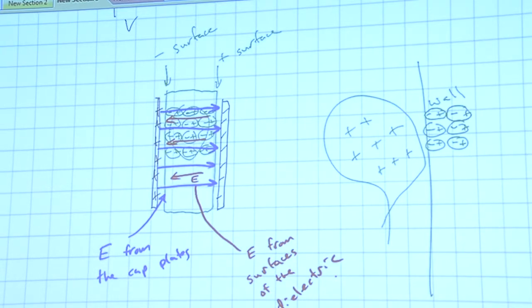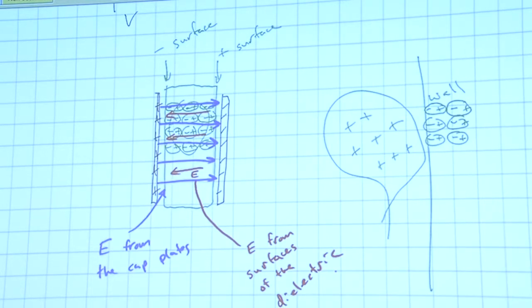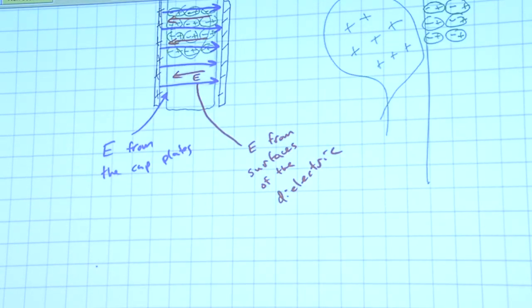So what we care about is the net electric field between those plates. What happens here is it gets reduced. And it's a vector, right? Because the red one points in the opposite direction, it's reduced now.